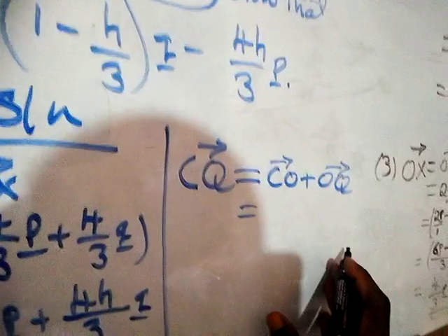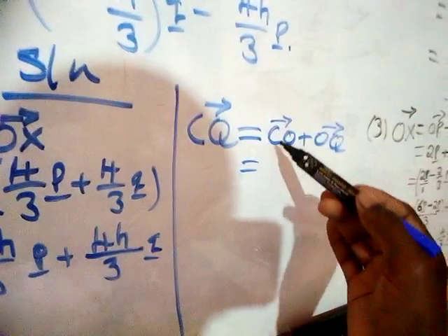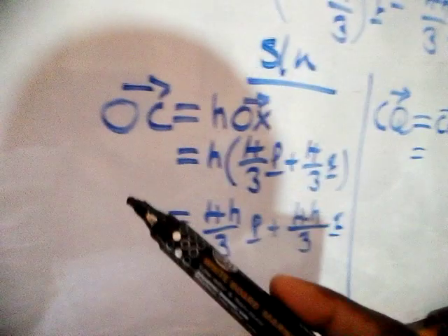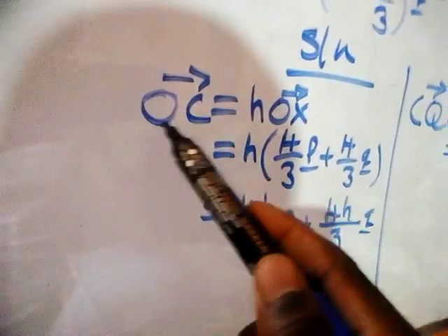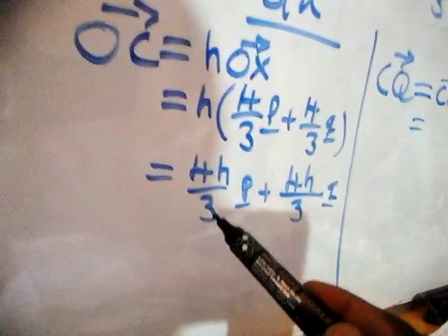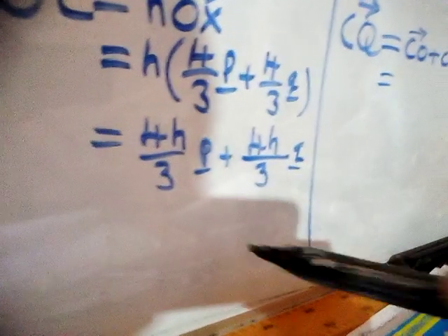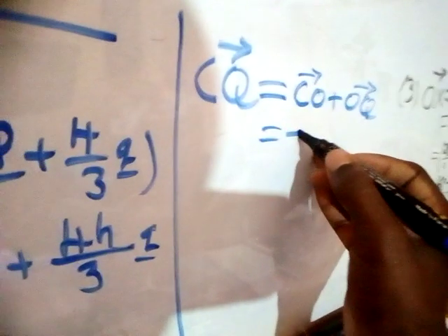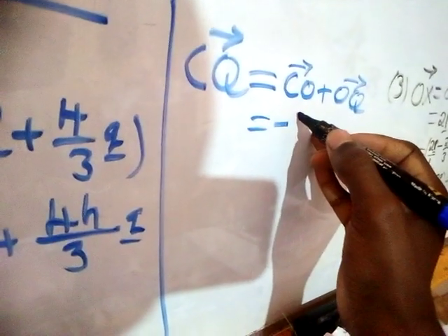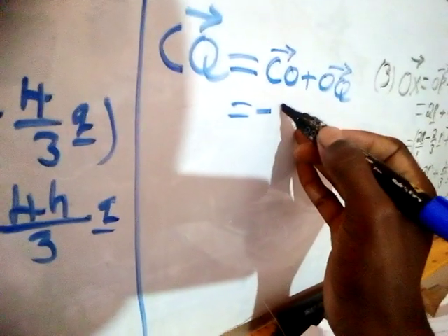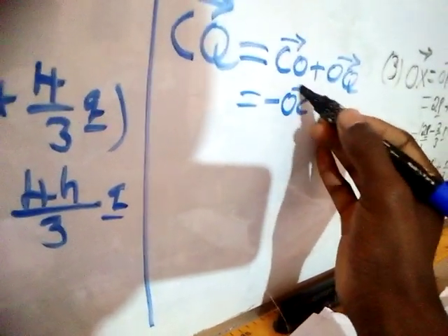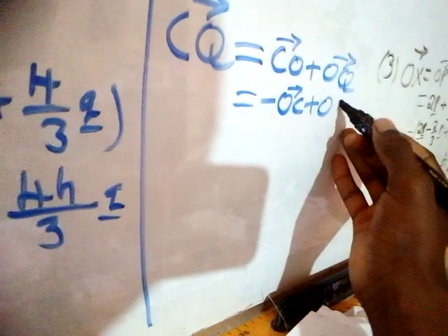Once this is done, it's a matter of substituting. Vector CO, we see that we are moving opposite to vector OC, but vector OC we know is this expression we've just written here. So I'm just going to negate vector OC, plus vector OQ.